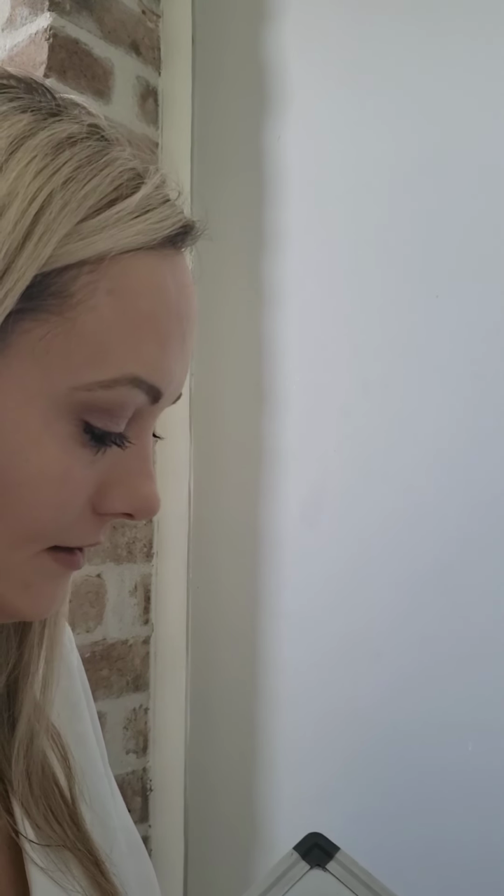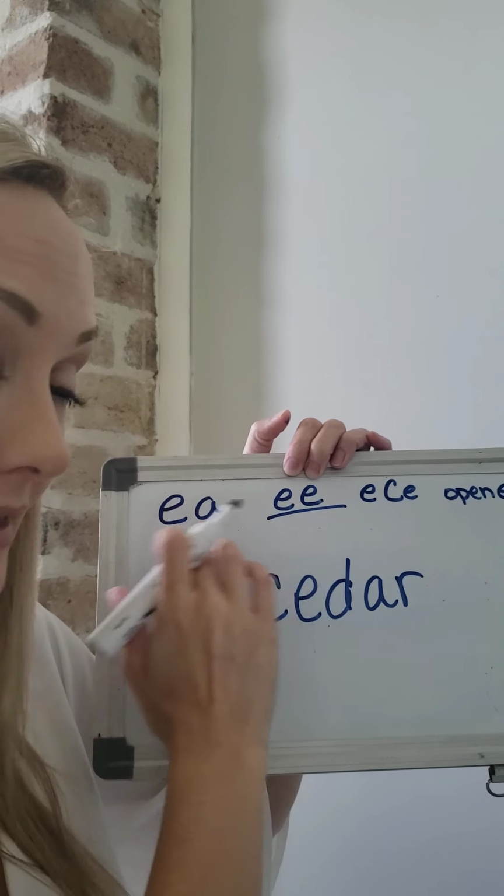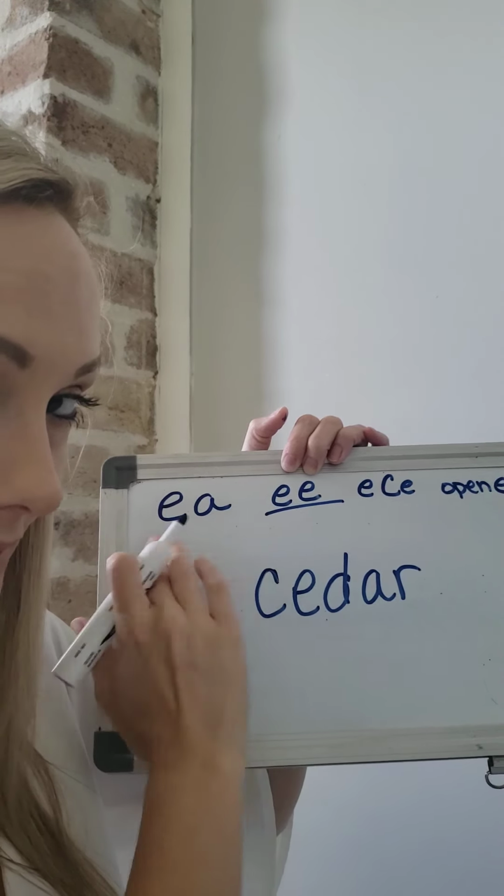This is a type of tree. I have a few of these in my yard. It's called cedar. Let's look at our vowels. We've got an E and we have an A. Okay, so if I say that word, it's not an EA together. So don't let that trick you, okay? There's a consonant between that E and that A. Say that word with your hand under your chin.